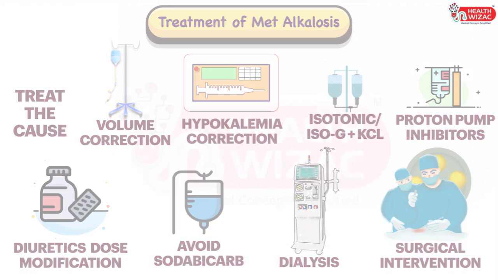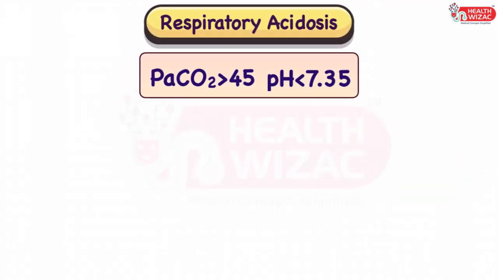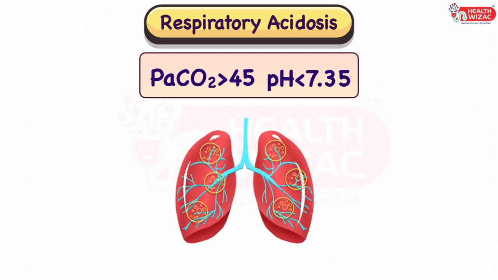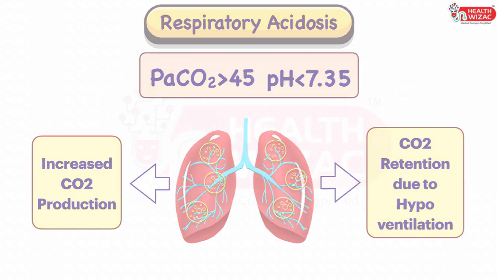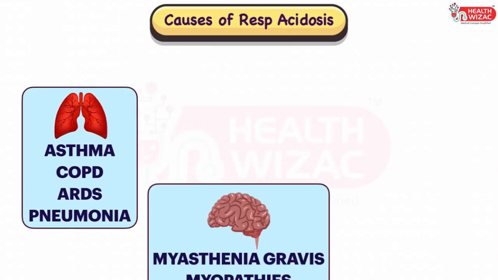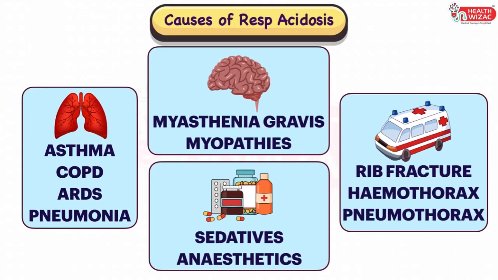Next is respiratory acidosis. Respiratory acidosis is a condition in which PaCO2 is more than 45 and pH is less than 7.35. It usually occurs due to increased carbon dioxide production or retention of carbon dioxide due to reduced alveolar ventilation. Causes of respiratory acidosis include respiratory diseases like asthma, COPD, ARDS and pneumonia.